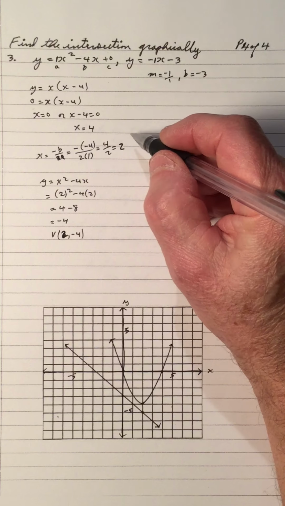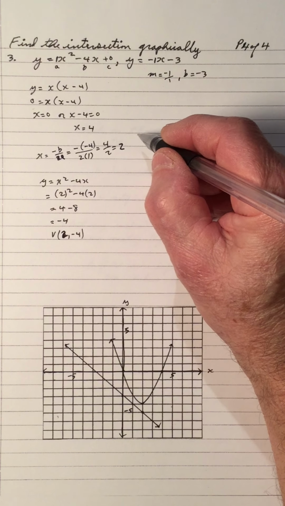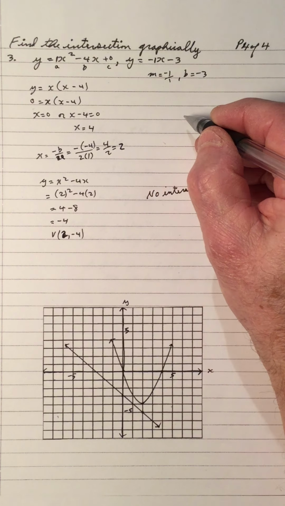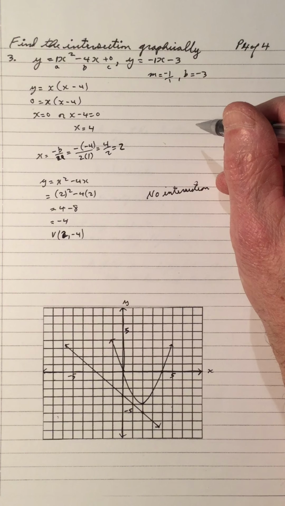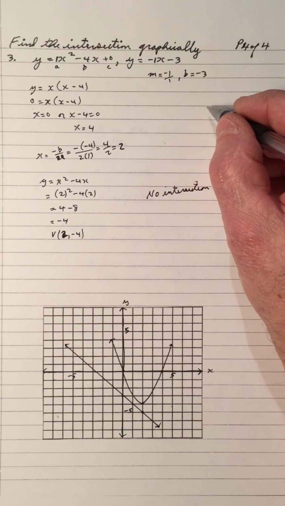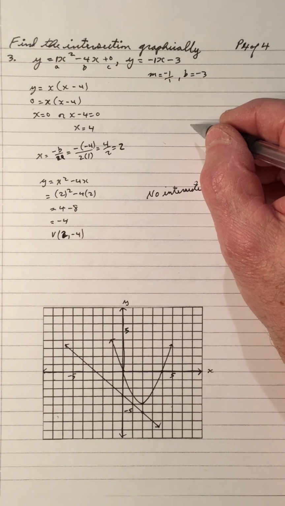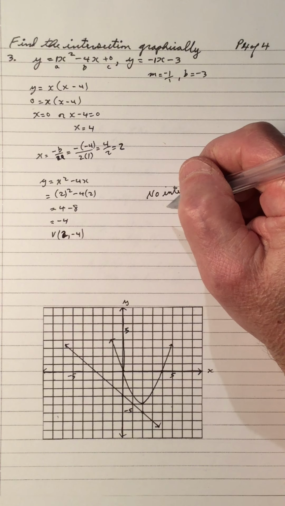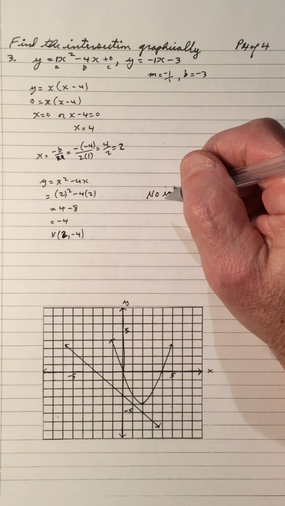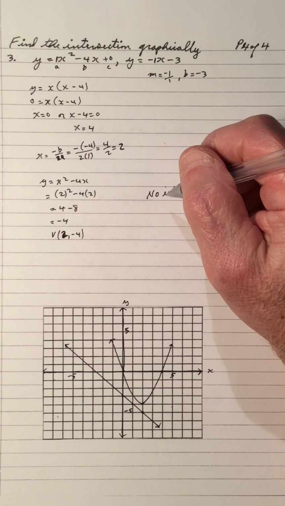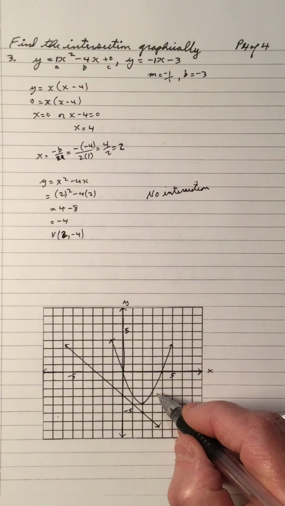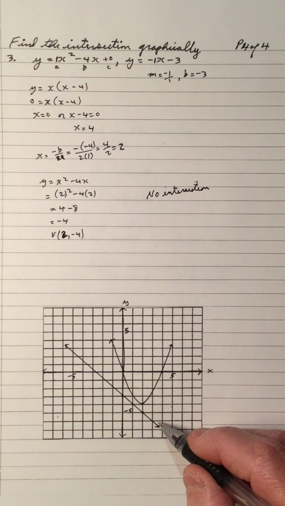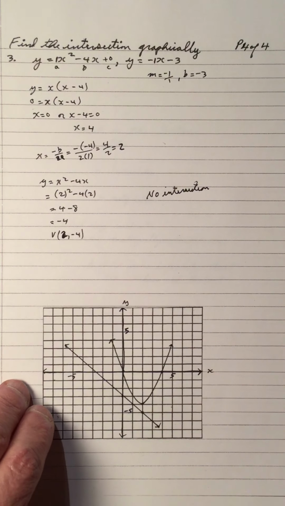Algebraically, you would use negative b plus or minus the square root of b squared minus 4ac, all over 2a. Underneath the root, you would have a negative number, which means you would have an imaginary number. That means there's no intersection. So when you do it graphically, you can see there's no intersection because they do not intersect.